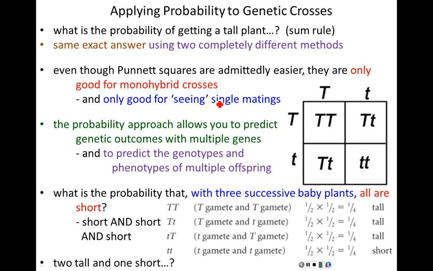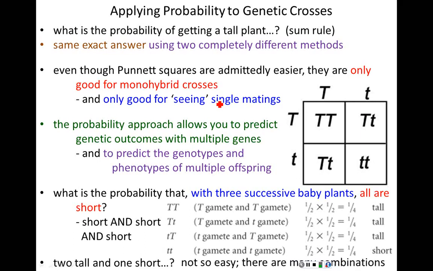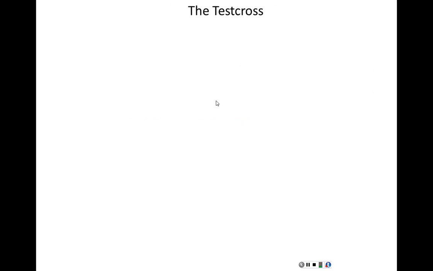Could be the first one's tall, the middle one's short, the third one's tall. So we have to account for each of those possible combinations. It's not as easy as short and short and short. It's doable, but it's not so easy. So just keep in mind that the wording of questions needs to be closely paid attention to so that you don't assume any order or any information that's not provided in the question.